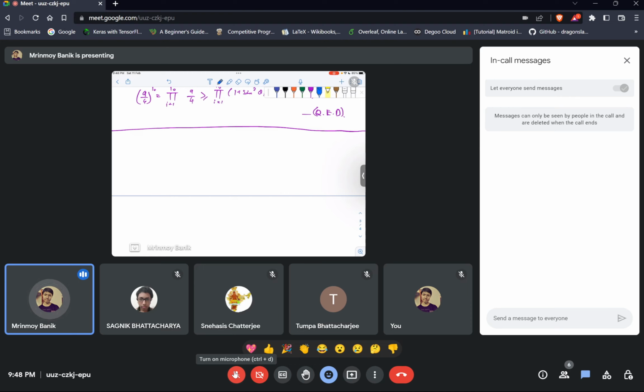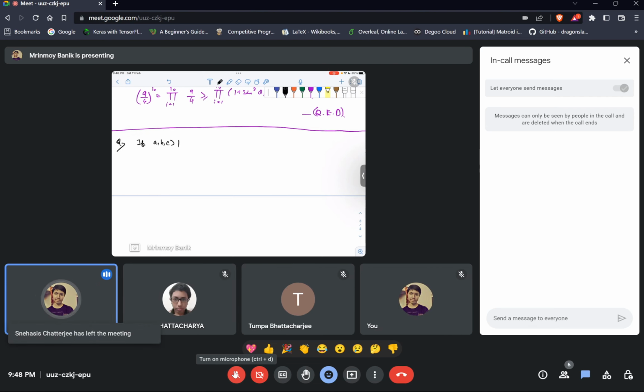Okay, let's look at this log example. So it says if you have a, b, c greater than 1, you have to find the minimum value for log bc base a plus log ca base b plus log ab base c.